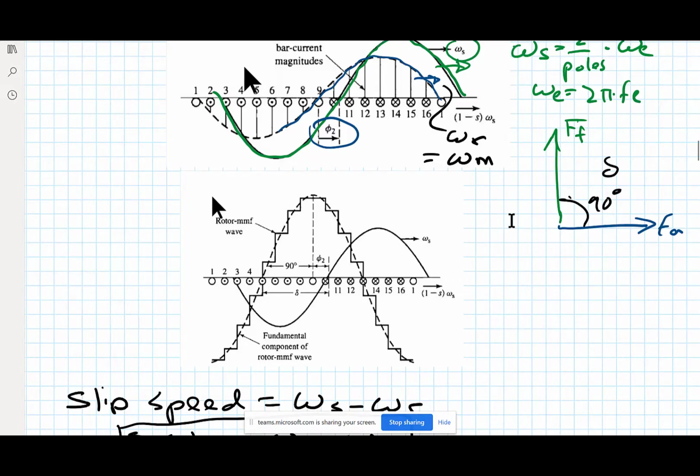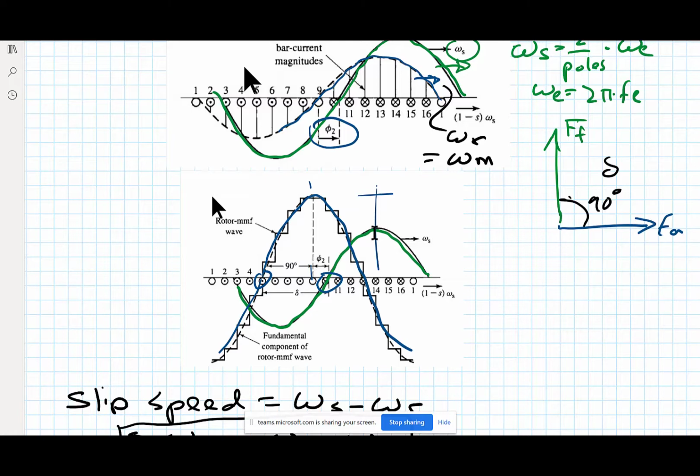Now this shows the relationship between that rotor MMF and the field created by the stator. So this again is kind of like the green that we've been using for field, and blue. And notice the displacement between these peaks. Displacement between zero points is easier to look at, because they're not at the same frequency.